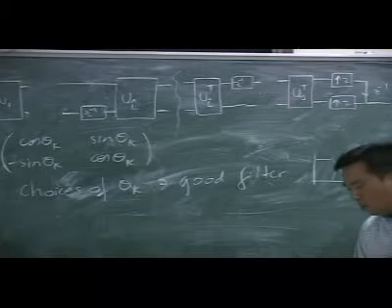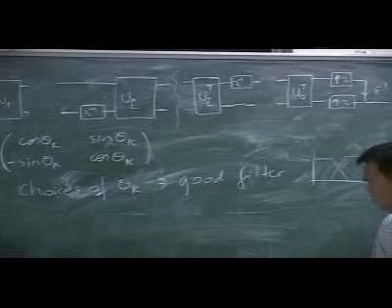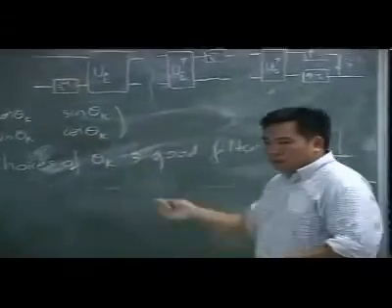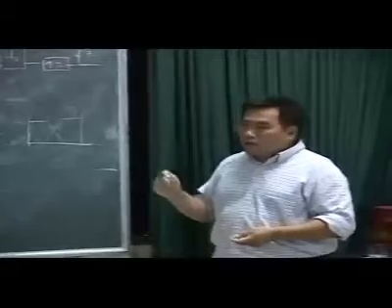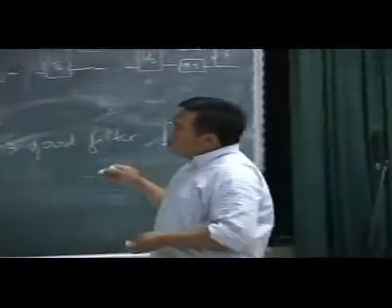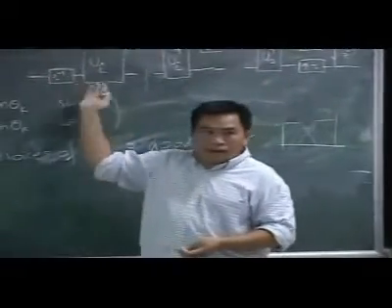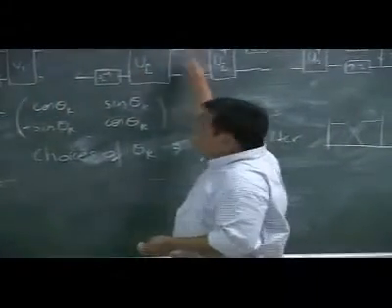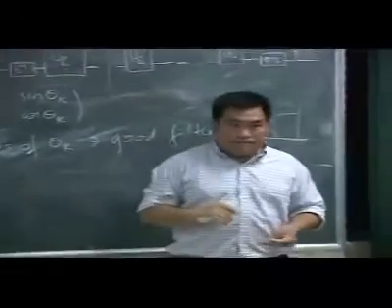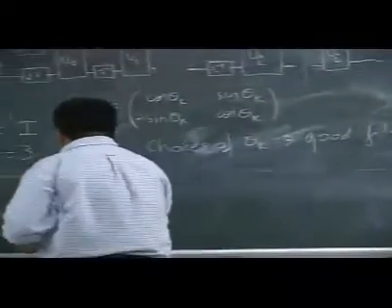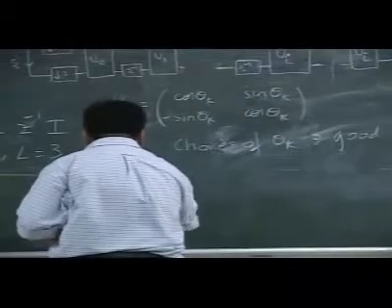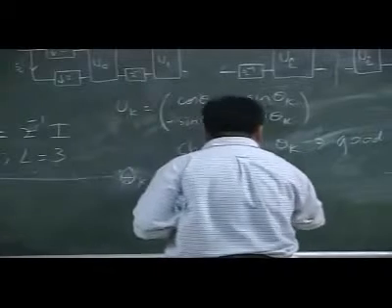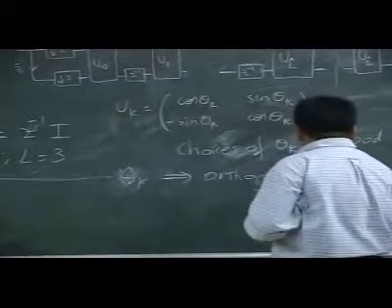Computation, I know exactly how much computation, because I know how to implement it. I know how many of this guy, I can count the number of multipliers. Okay, so if somebody gives you a structure, and says that if I choose this theta k, I'm guaranteed to have an orthogonal filter bank. So given theta k, I get an orthogonal filter bank, right?